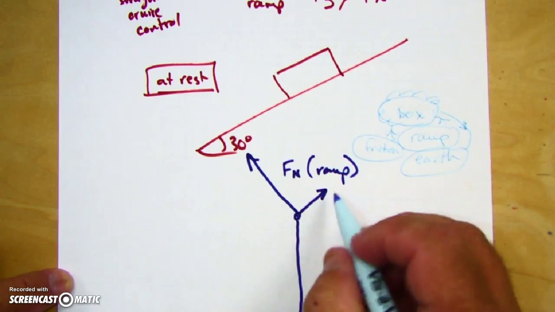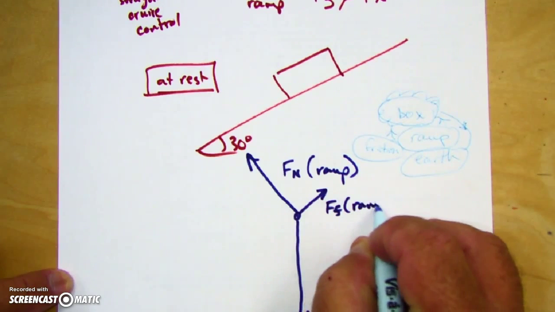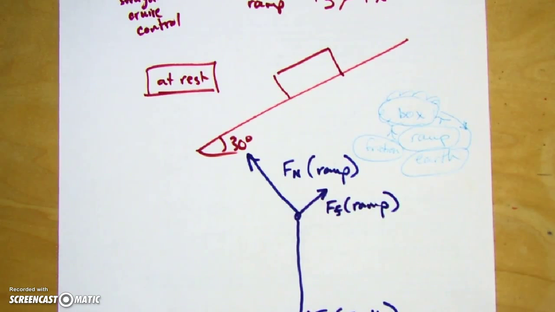It should be parallel to the ramp. So the force of friction, that again comes from the ramp. So that's our complete free body diagram. Okay, now that's not enough to solve anything. Of course, I didn't give you any information in this problem yet, but that's my generic picture.